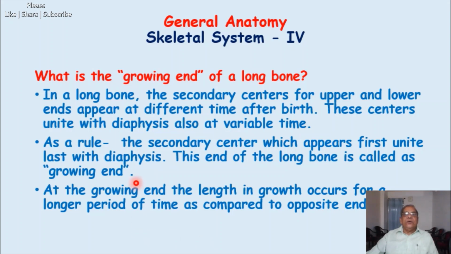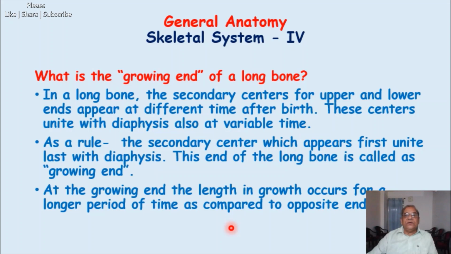Now, at the growing end, the growth in length occurs for a longer period of time. Naturally, because it has appeared first and is uniting last, an extra time is given to this end, and growth takes place here for a longer time compared to the opposite side.